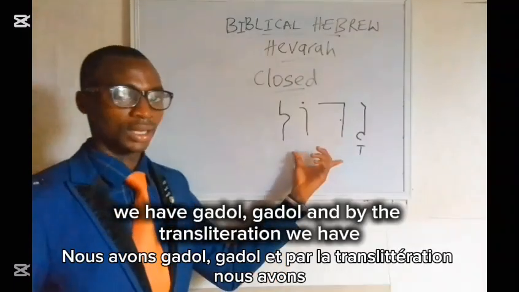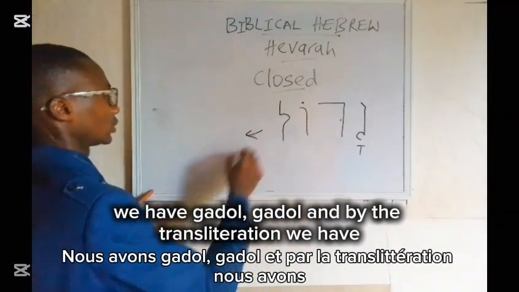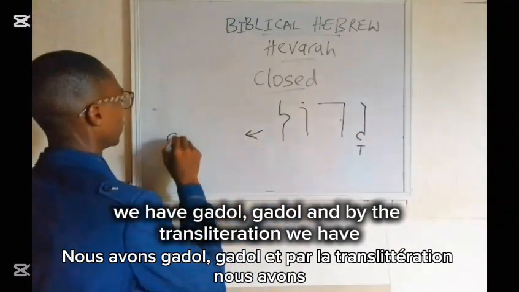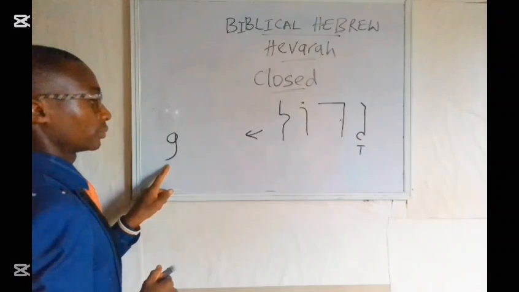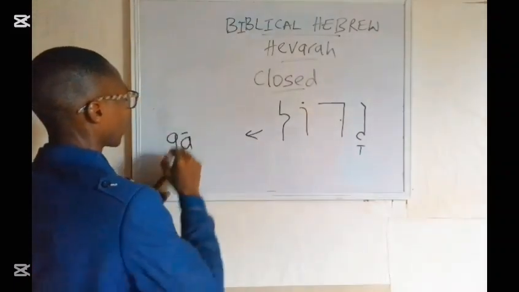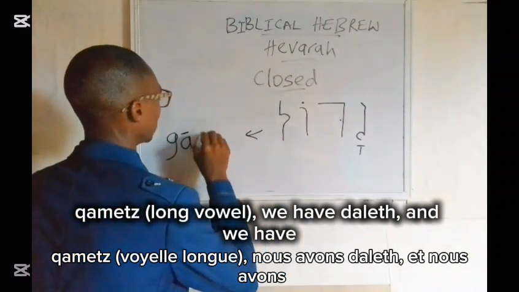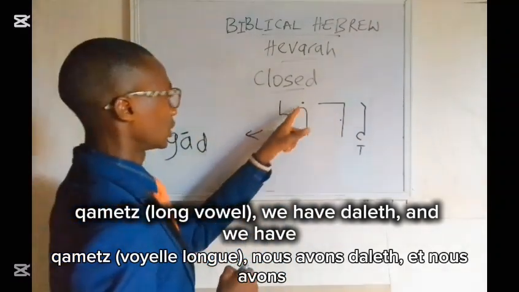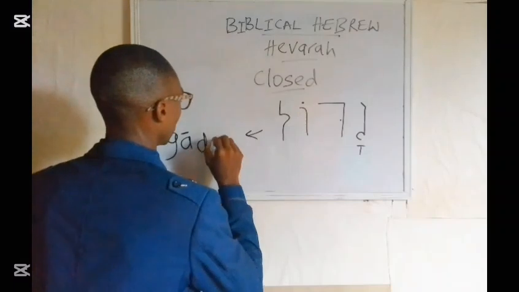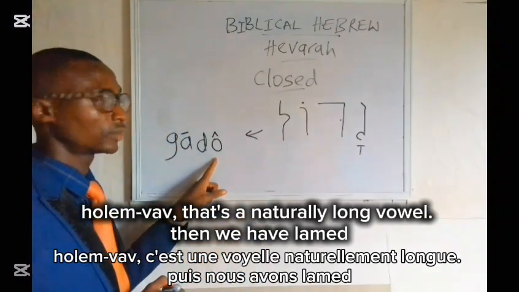We have gadol, and by the transliteration, we have gimel, we have qamets, that's a long vowel, we have dalet, and we have a naturally long vowel.